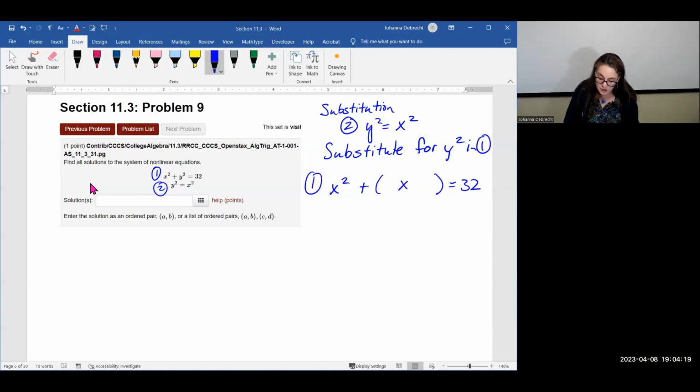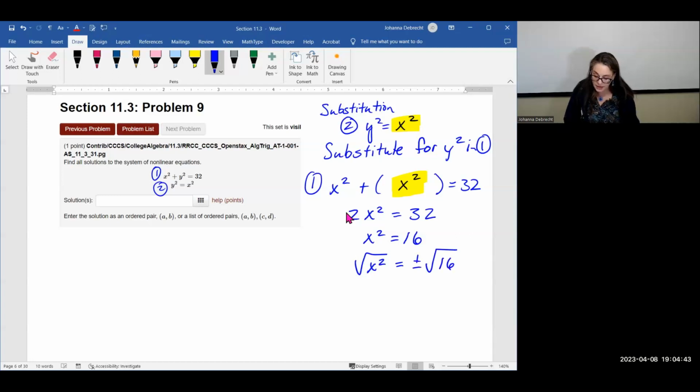So I'm going to substitute the x squared on the inside. So I'm substituting this for y squared. And this leads to 2x squared equals 32. And then I can divide both sides by 2. So I get x squared equals 16. Take the square root of both sides with a positive or negative on the non-variable side. And that gives me plus or minus 4.